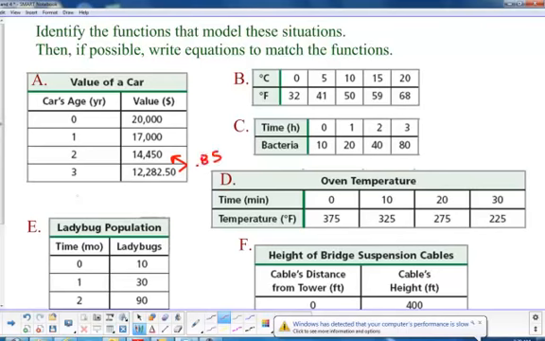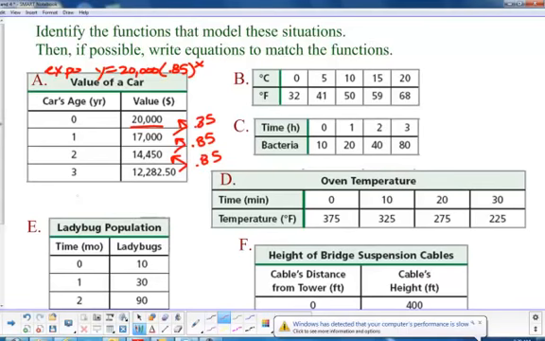And 1,450 divided by 1,700 is 0.85. This is looking good. And 17,000 divided by 20,000 equals 0.85. So our exponential equation is y equals starting amount, 20,000 times 0.85 to the x, and that's exponential decay.